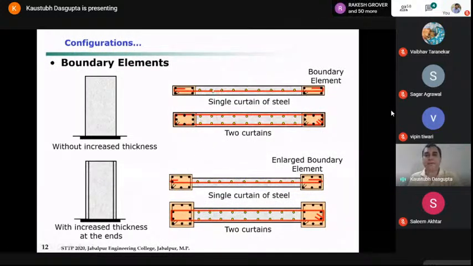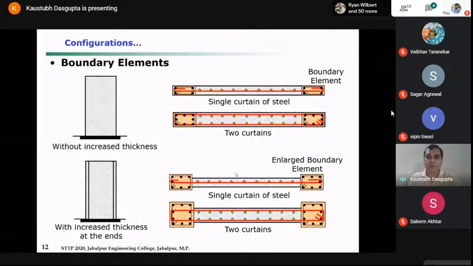Now you may have only one layer of vertical bars and a single layer of horizontal bars, or you may have two layers in both the categories. Okay, what is the advantage or the difference in behavior? Here, if you see a single curtain of steel in both the cases, the concrete on either side is just like a cover concrete. You don't have any confinement, right?